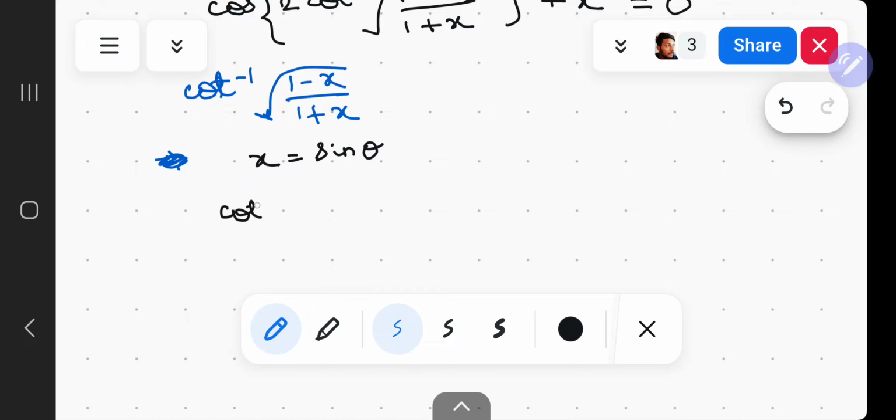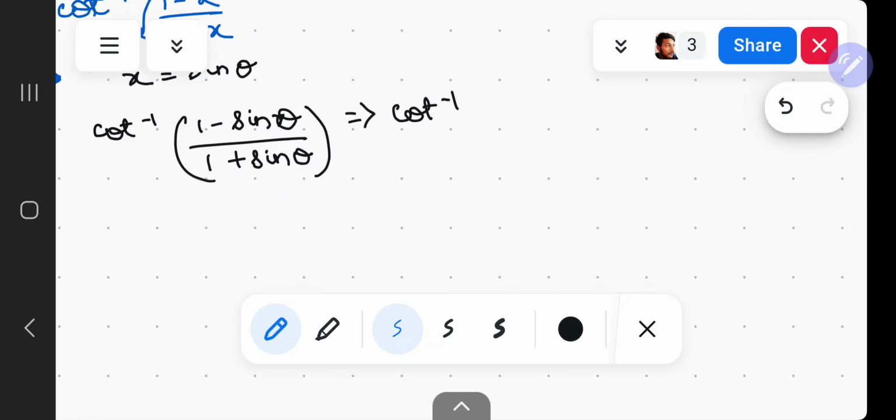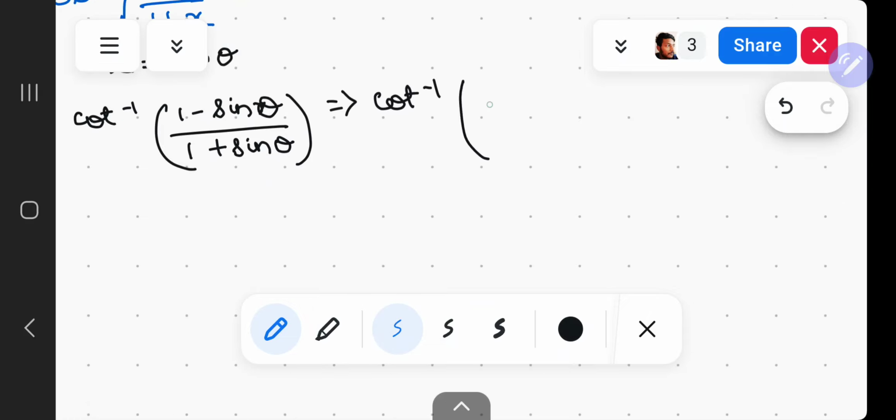So cot inverse 1 minus sine theta over 1 plus sine theta. Now it's equal to cot inverse of 1 minus sine theta.